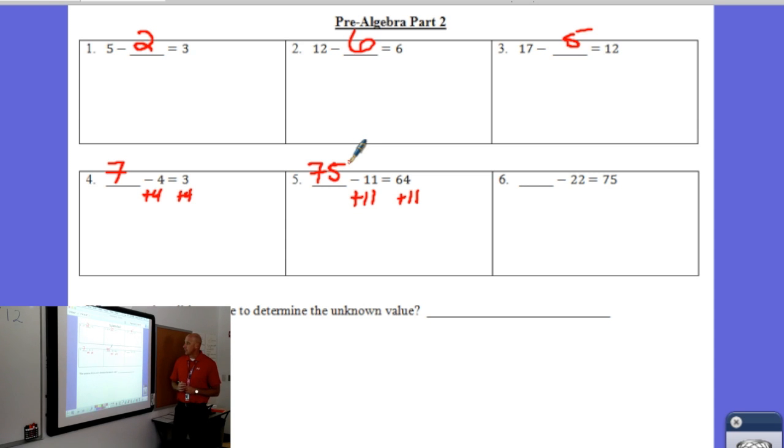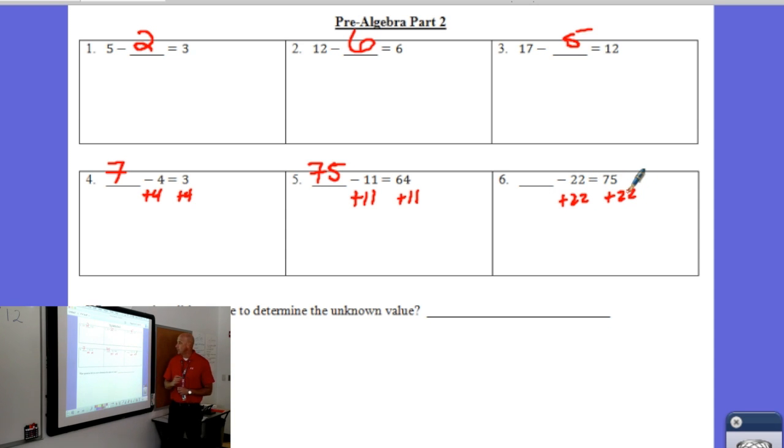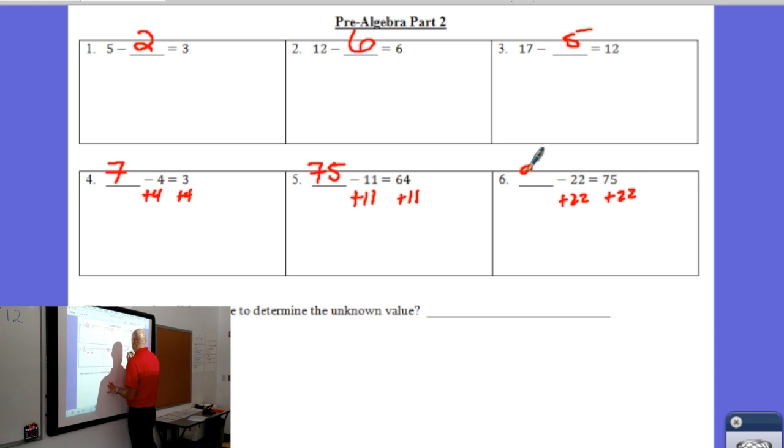All right, number 6. Some number, an unknown, minus 22 equals 75. And how did you get that? We add. Perfect. You add 22. Awesome. You guys are on point today. 75 plus 22 is going to be 97.